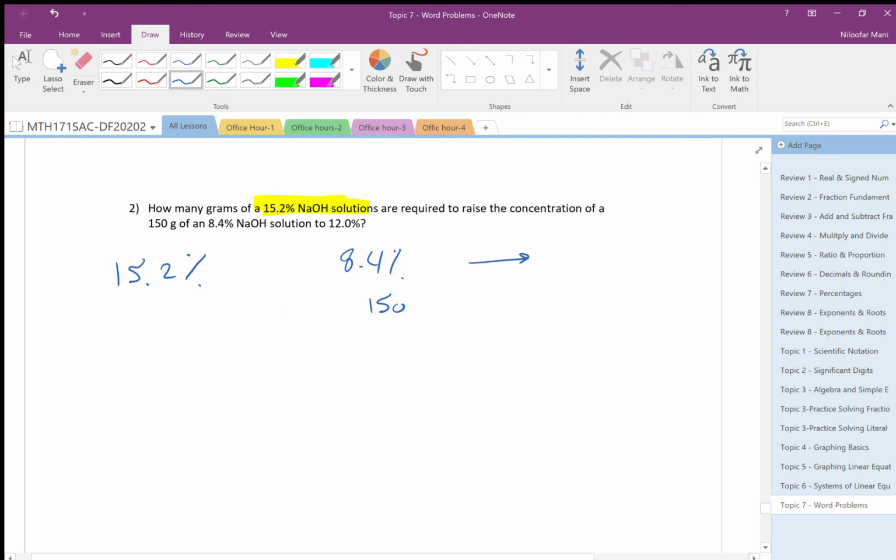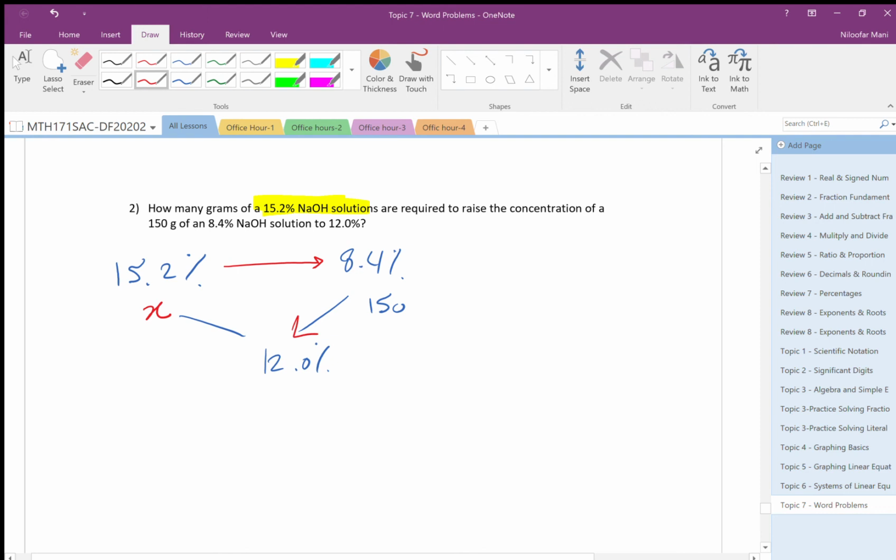So maybe I do this, and you see 12 is somewhere between 8.4 and 15.2. How much of this, so I put x here, is required to be added to this, so that we would have this one.